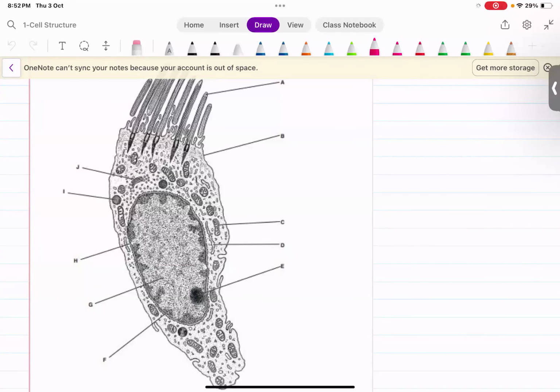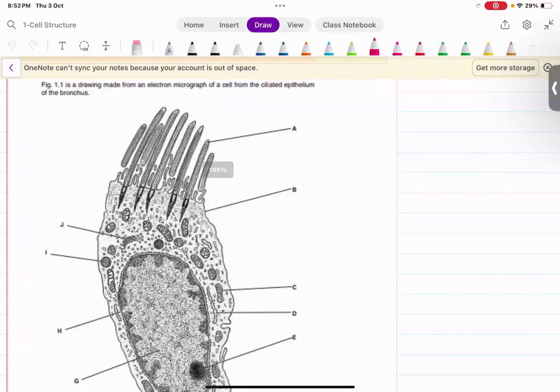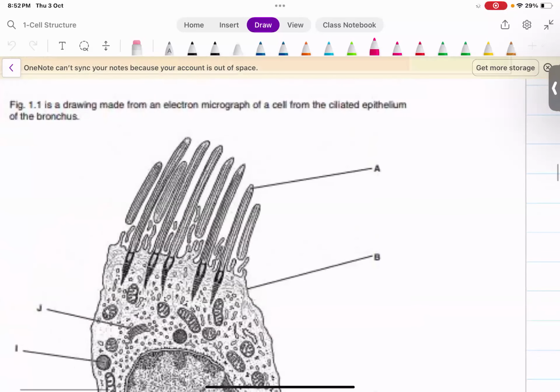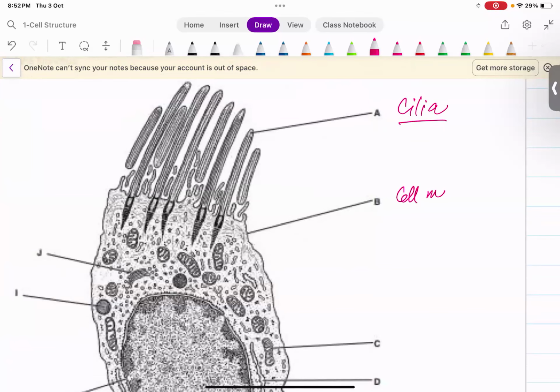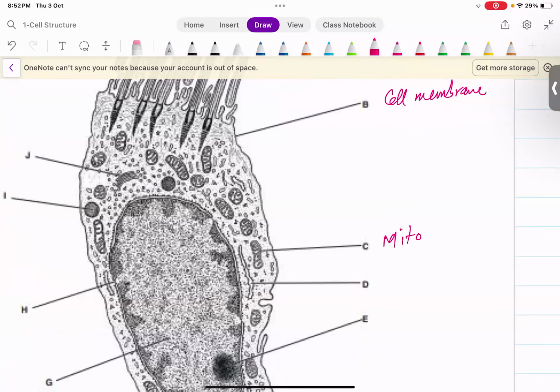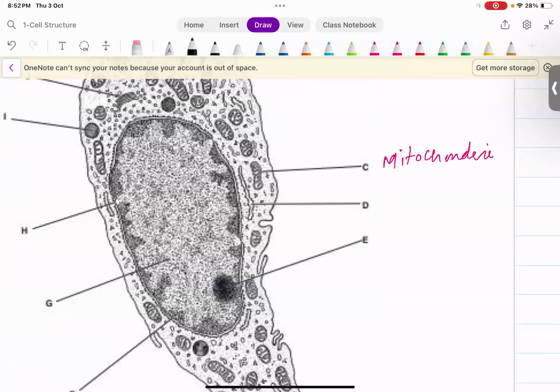This is a ciliated epithelial cell, and it has cilia present here. So these are cilia, and this is B, a cell membrane. Okay, we have these mitochondria, and this is the nucleolus.